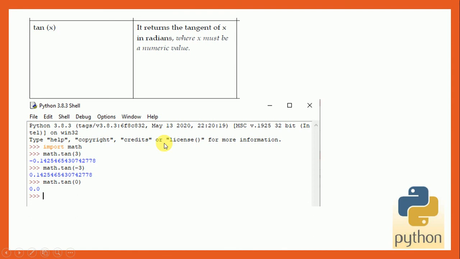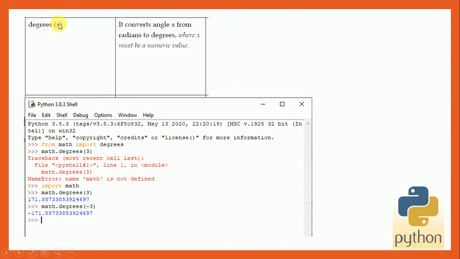Next one is degrees of x. It converts angle x from radian to degree. So whatever be the value of x, it will return the corresponding degree. So math.degrees of 3. We are getting the degree of 3. Here this 3 is in radians, so we can convert this radian into degree.